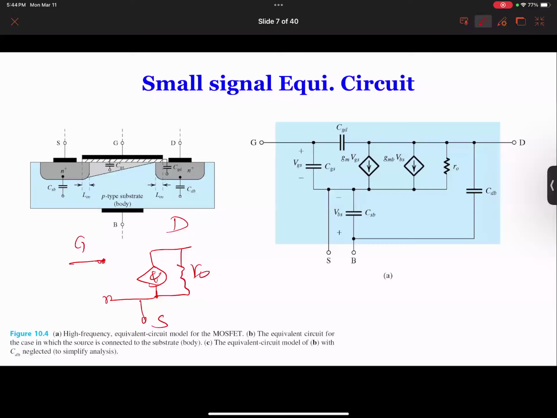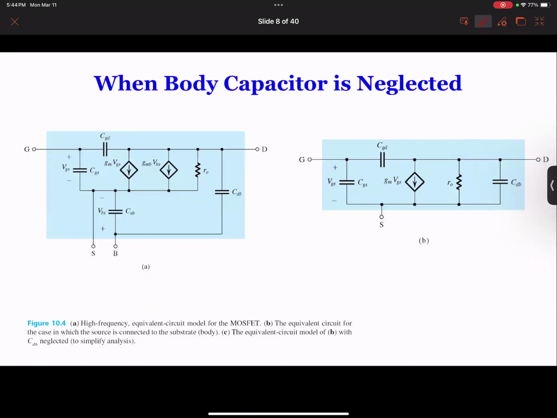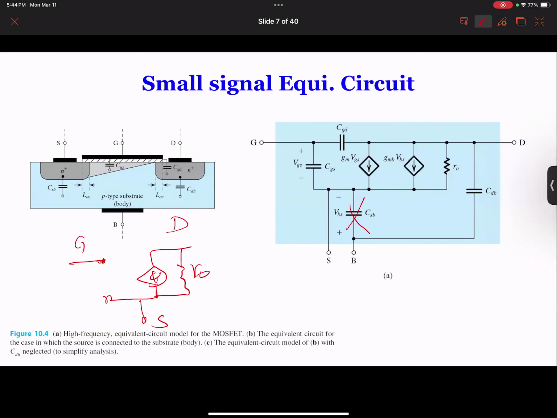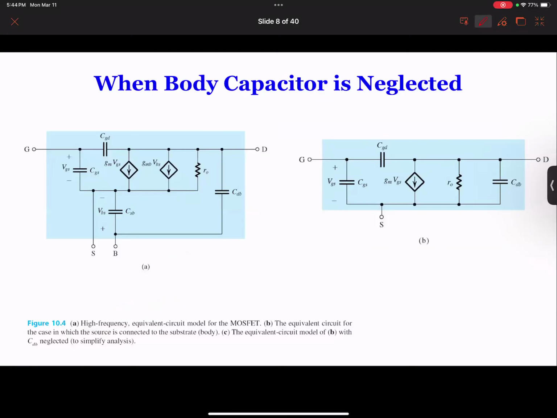And if the source and body are connected, then you can further eliminate this capacitor. Not only eliminate, but this becomes a short circuit. So all the things at the second hand, you see, it becomes all connected. So that's why we have this circuit over here.